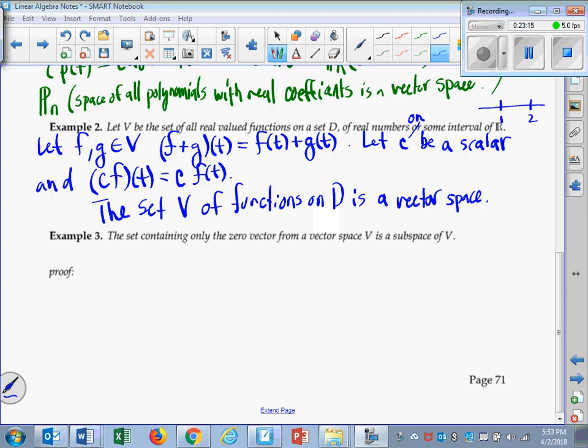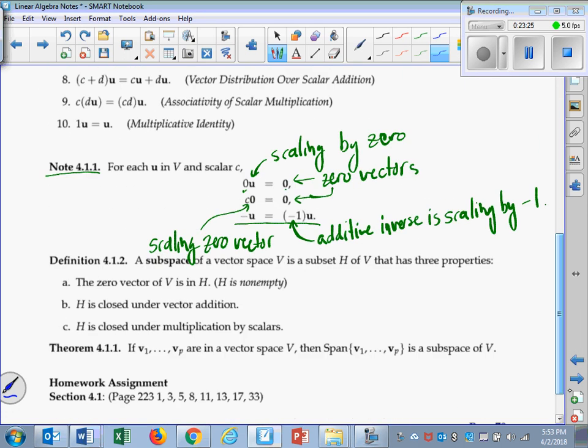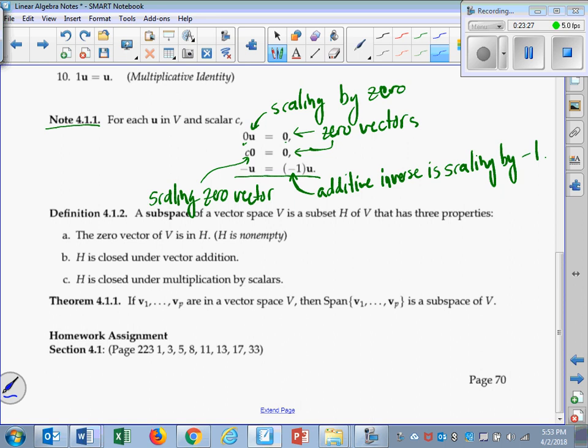Okay, we can't do example 3 yet until we look back at the definition of what a subspace is. It's a definition on the previous page, so let's go find that. Here's definition 4.1.2. It says a subspace of a vector space V is just a subset H of V that has 3 properties.